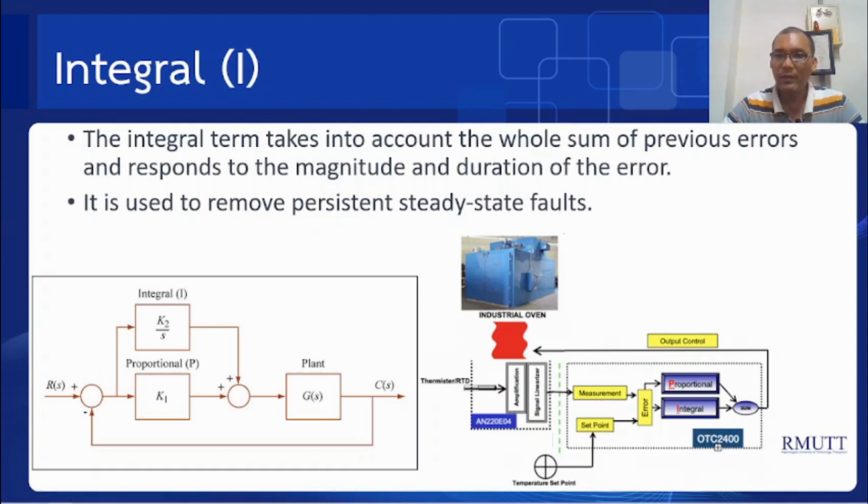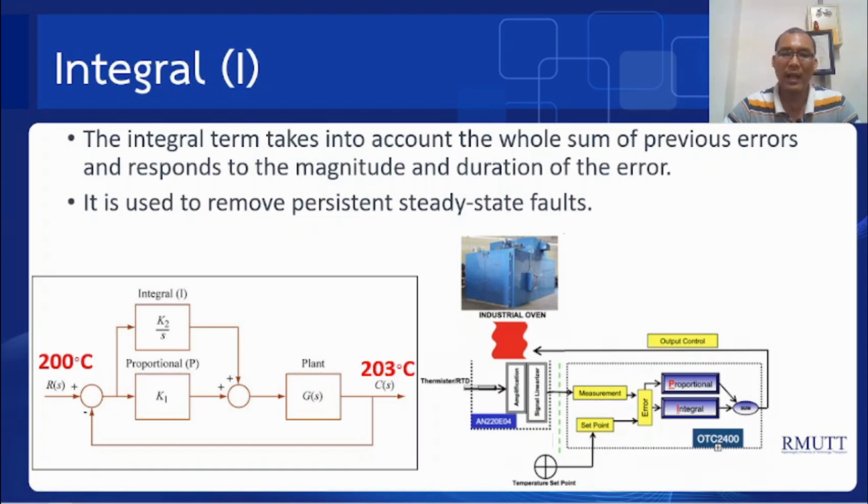So here, in the same temperature control system, if the oven has a minor error that causes it to constantly run 3 degrees Celsius over the set point, the proportional term may not remove this error.